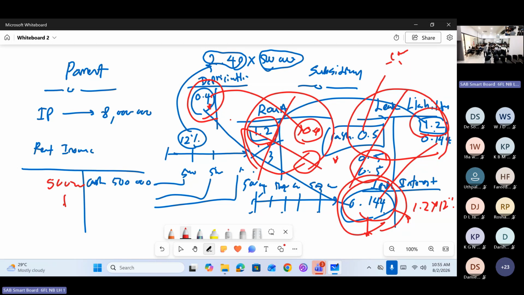If it is a property, the lessor recognizes that as an IP. It's just a property, right?